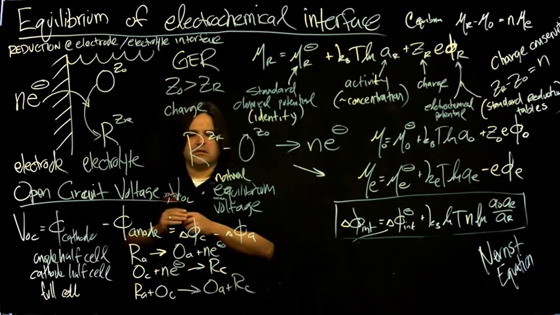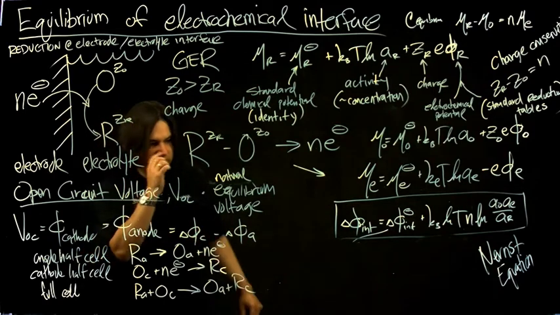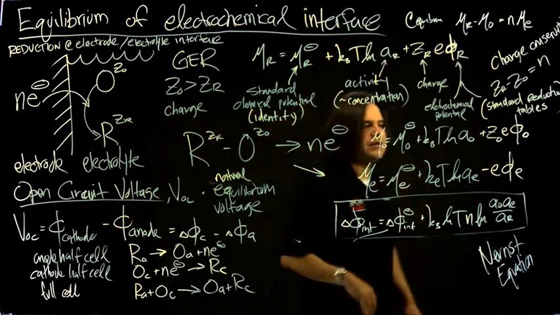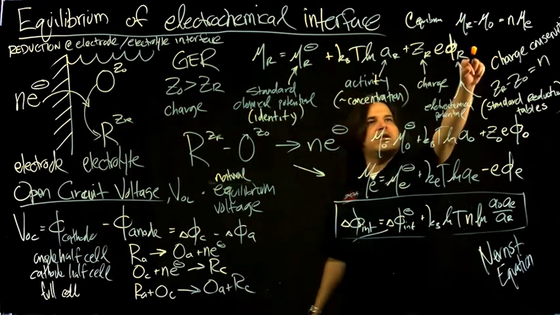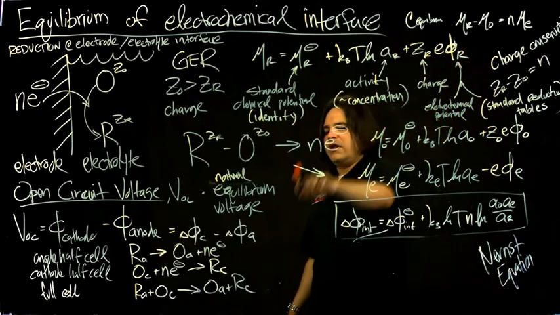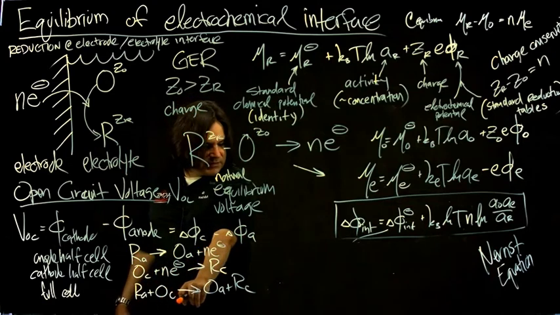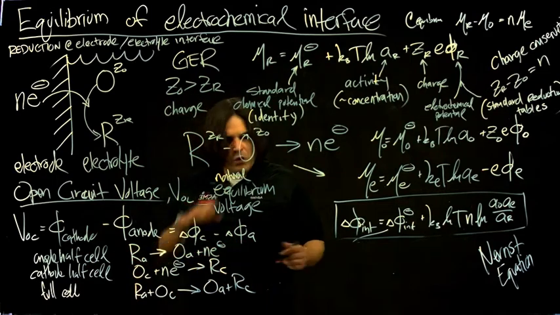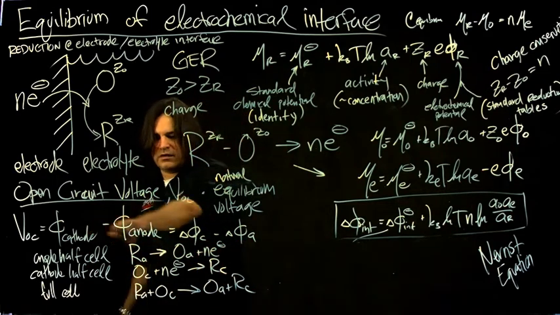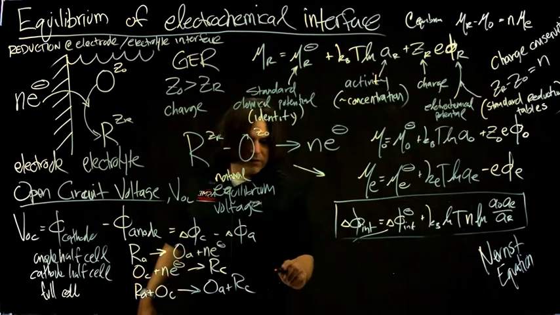Okay, so we can use a similar concept that at equilibrium, you're going to have a ratio of products to reactants, and the open circuit potential would depend on the cathode minus the anode.